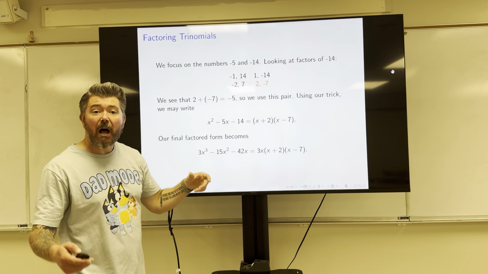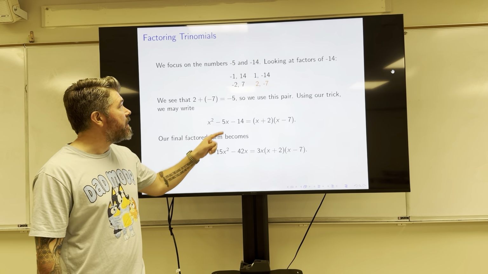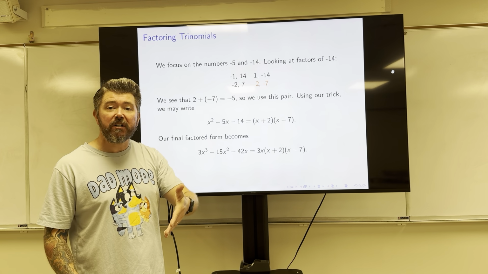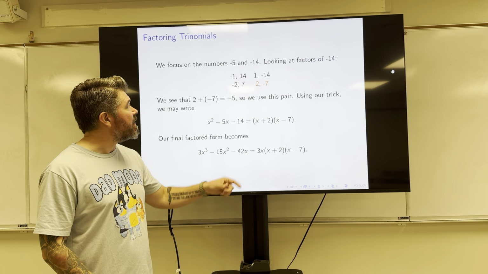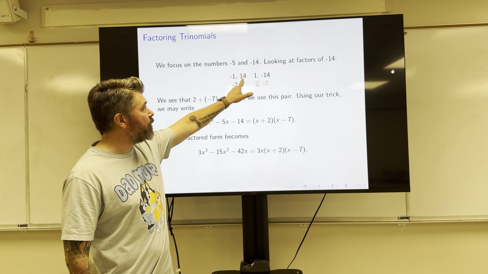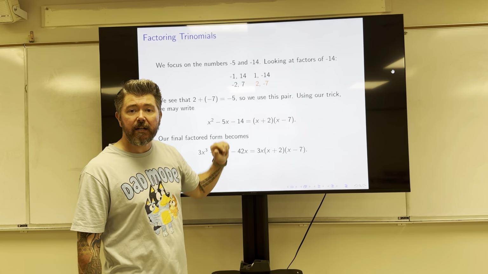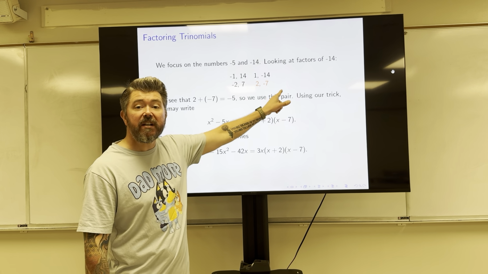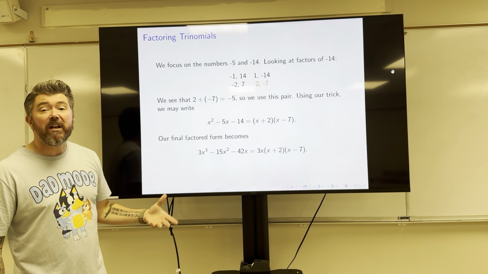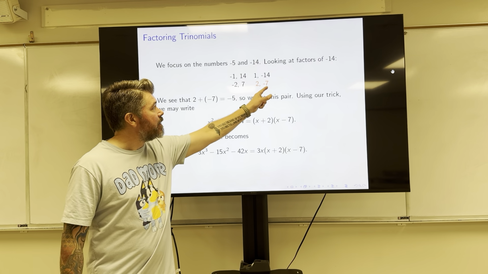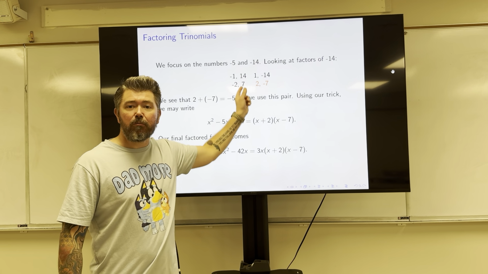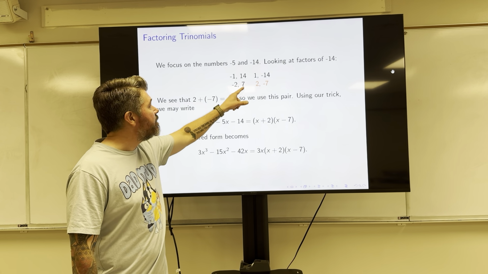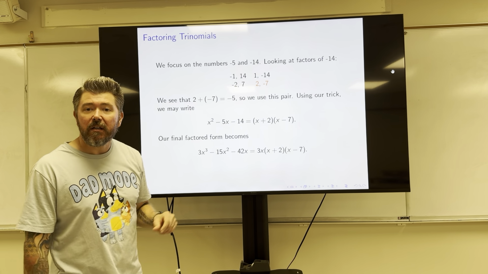So to multiply, one of the factors has to be negative. So my factors are 1, 2, 7, and 14. So I have different combinations: negative 1 and 14, or 1 and negative 14, negative 2 and 7, or 2 and negative 7. Which ones add to negative 5? We should notice the highlighted ones add to negative 5. 2 minus 7 is negative 5.